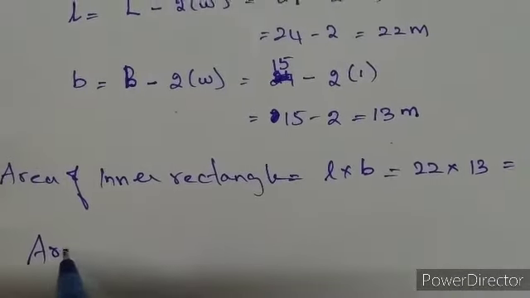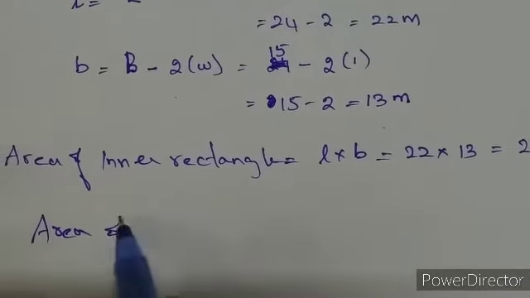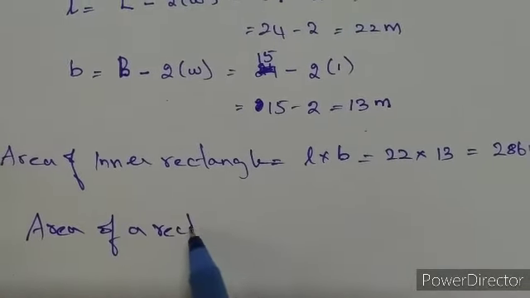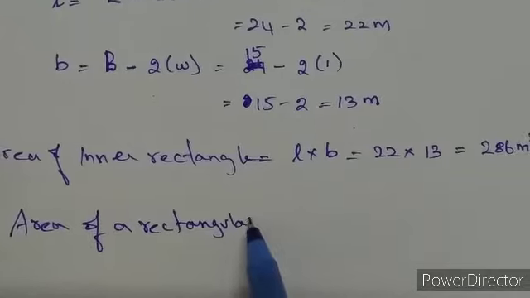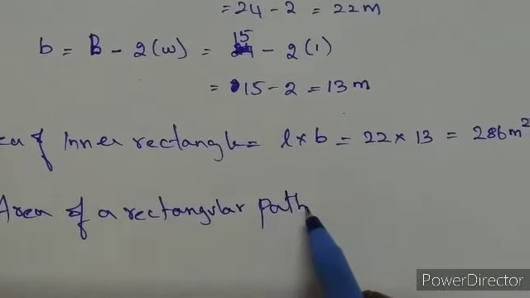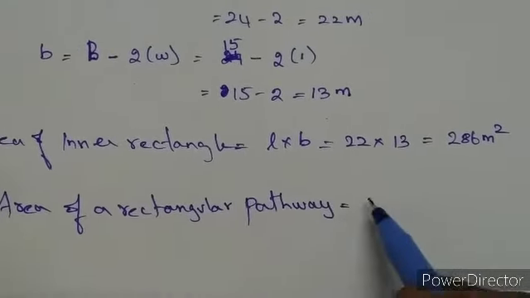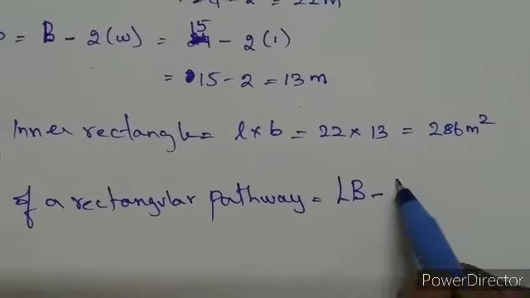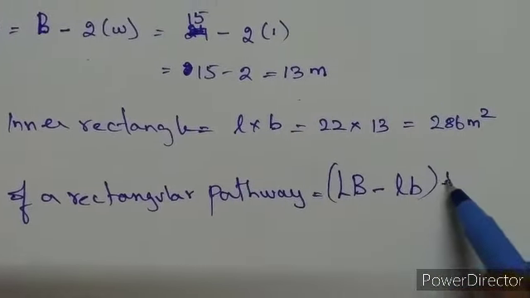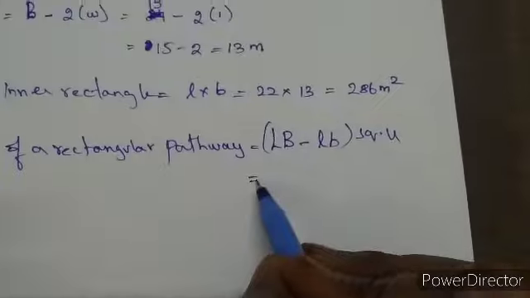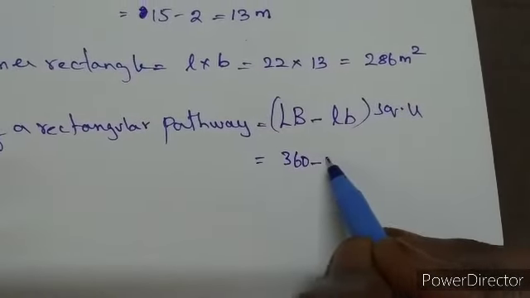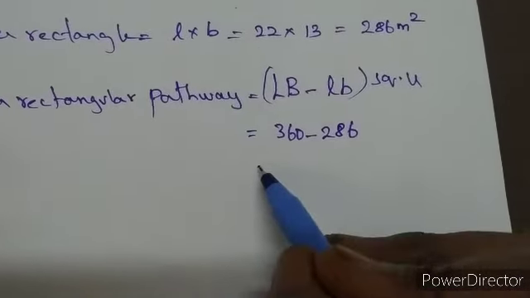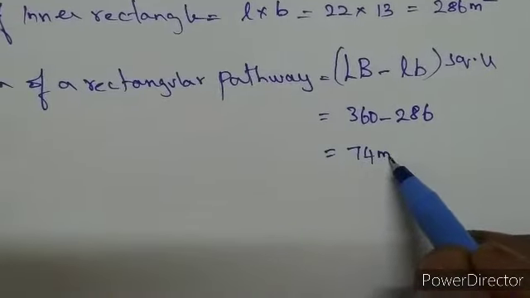So the total area of the rectangular pathway is LB minus small lb square unit. Now 360 minus 286 gives you 74 meters square.